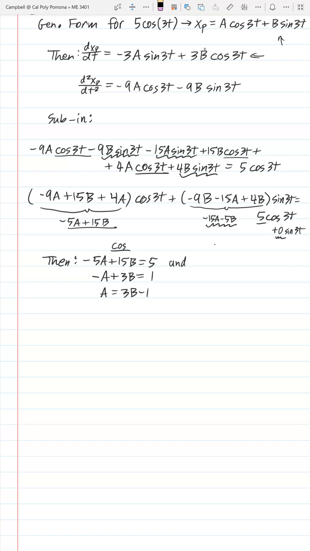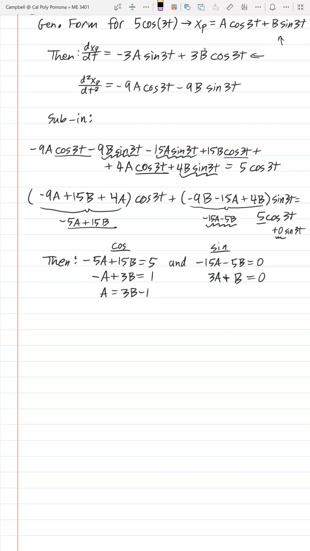Now from the sine side, negative 15a minus 5b is clearly equal to 0. Clearly we have 5 as a common factor there, so we get 3a. Here I also factored out a negative sign too, my apologies. So we get a positive 3a plus b is equal to 0.